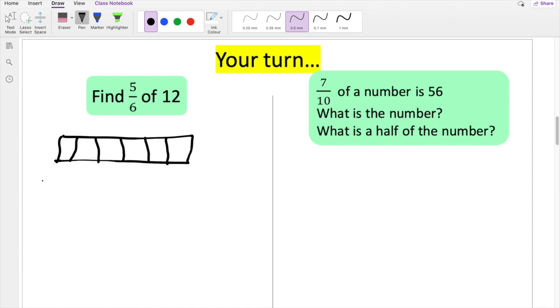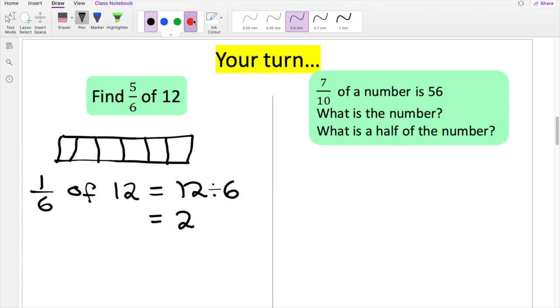In order to do that, I need to first of all find what 1/6 of 12 is. 1/6 of 12 is the same as 12 divided by 6, which is equal to 2. So each little section in my bar model is represented by a 2.